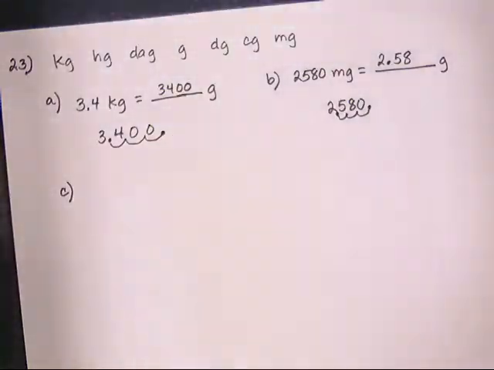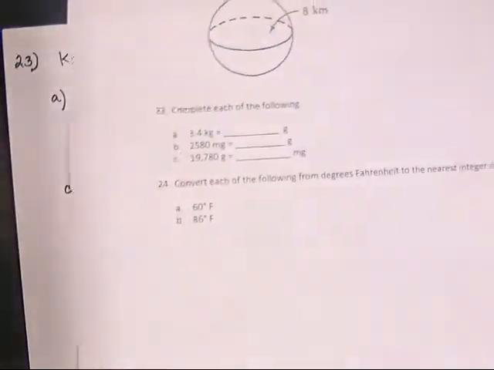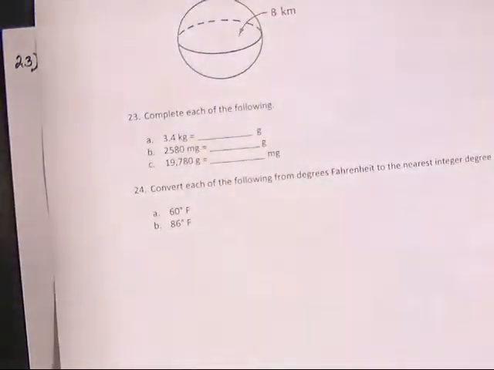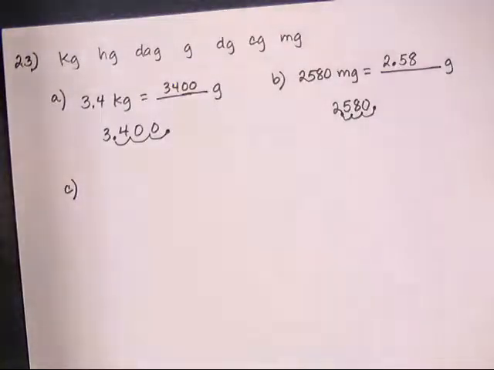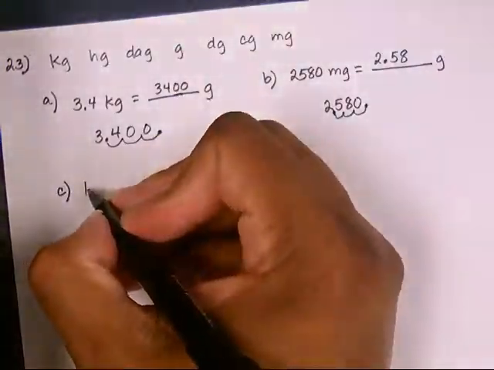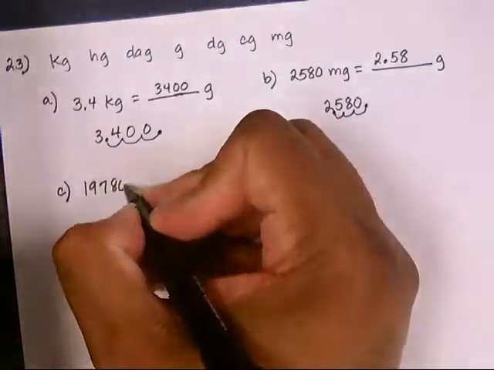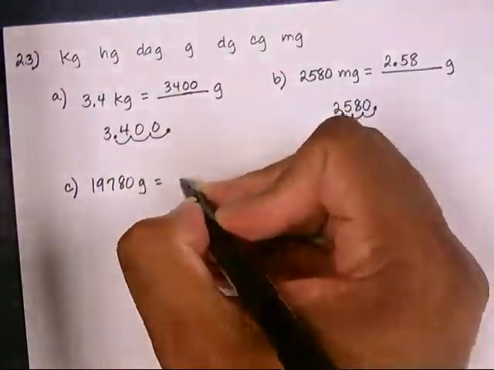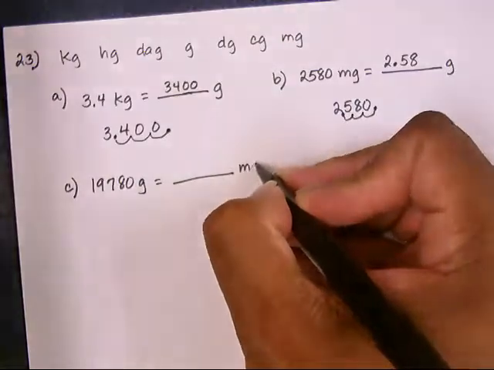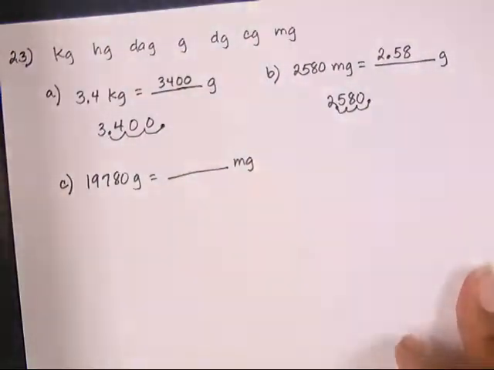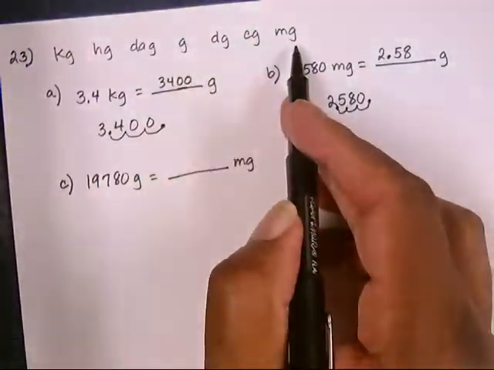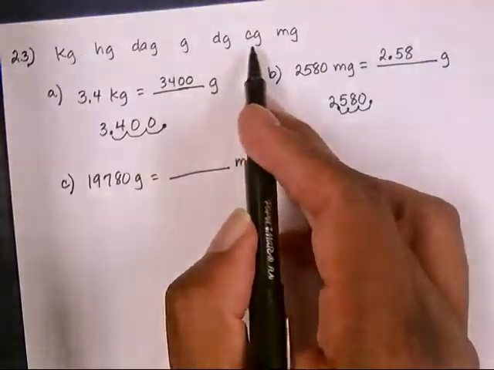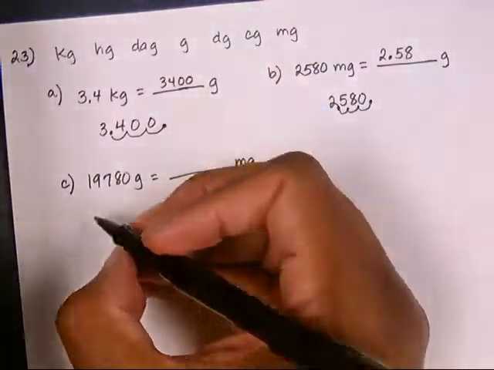And part C, we want to convert 19,780 grams to milligrams. Okay, so from grams to milligrams, we got to go 1, 2, 3 places to the right.